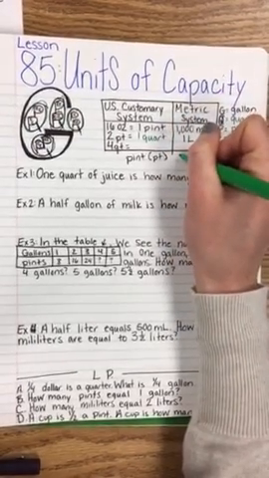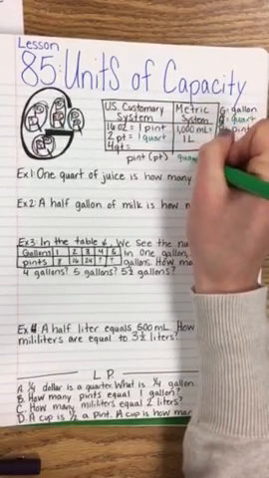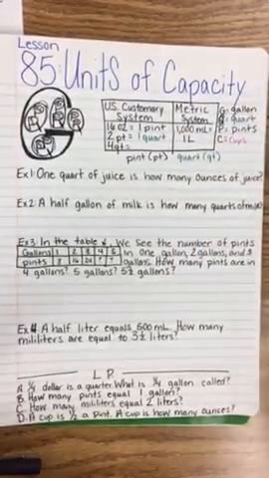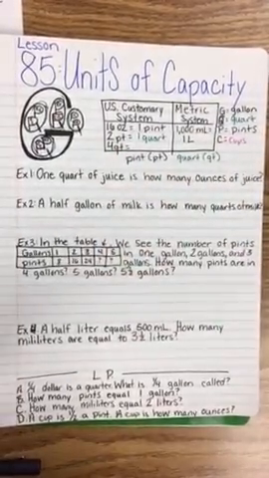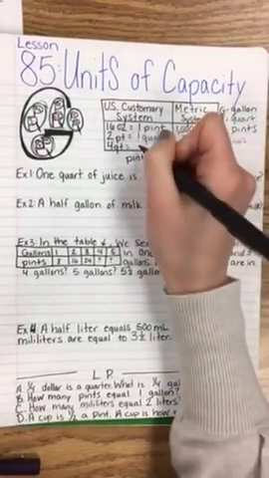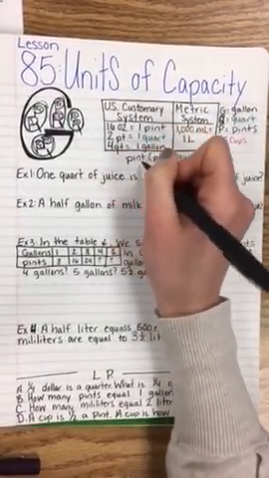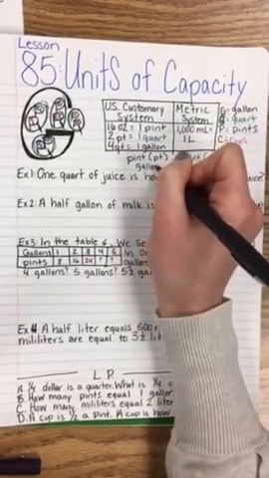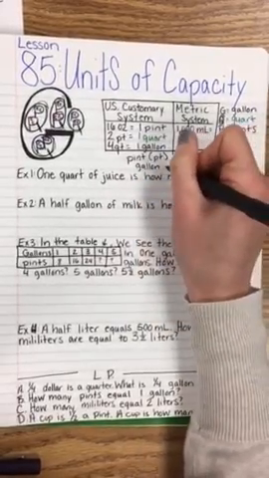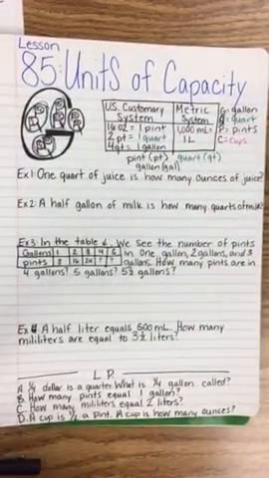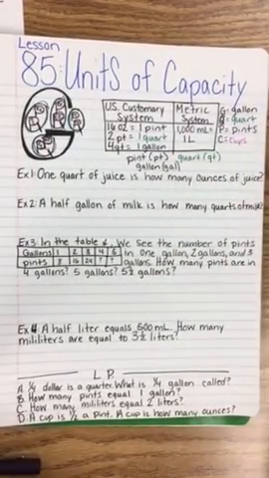And a quart is QT. And 4 quarts equals 1 gallon. And gallon is G-A-L. All right, and cup is C.